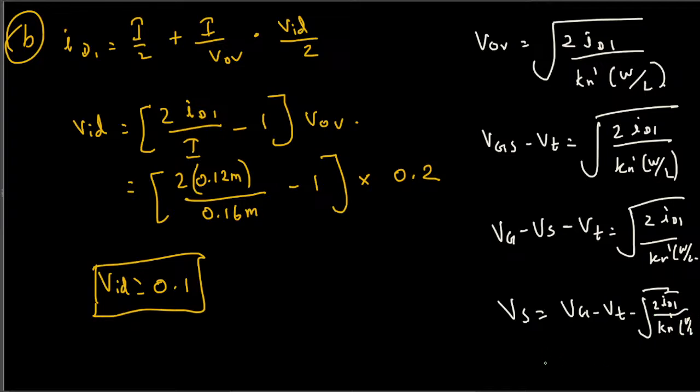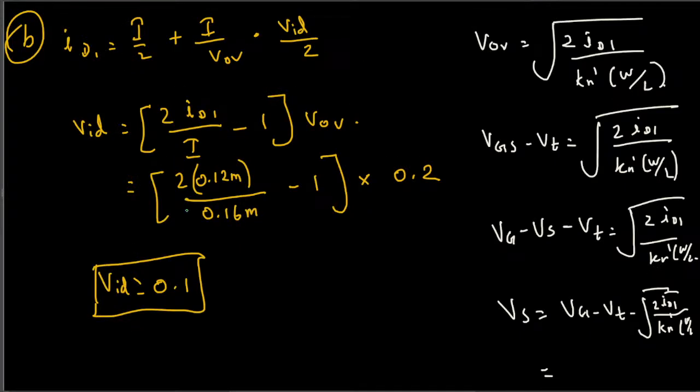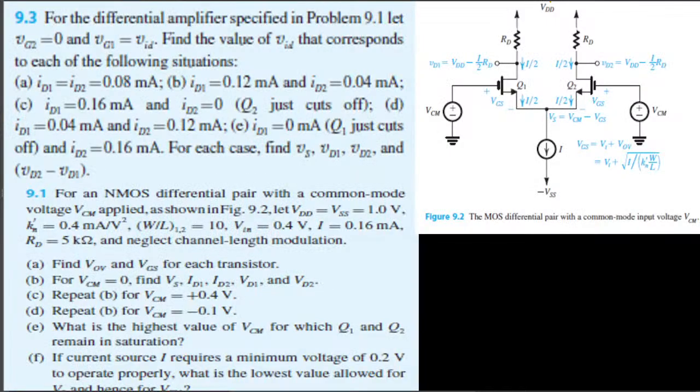Now we have the equation, we plug in all the values. If you look at the question, vG1 is equal to VID. This one also, vG1 is equal to VID, and this is vG1. That is 0.1 minus V threshold, which is given in this question right here, 0.4.